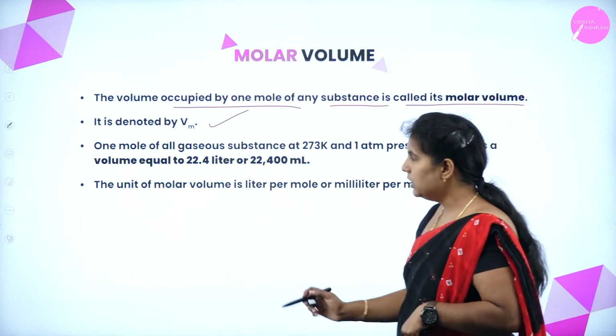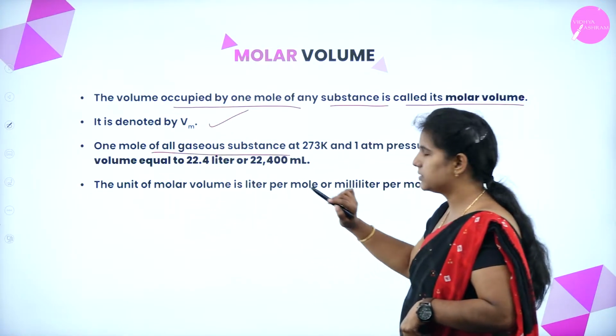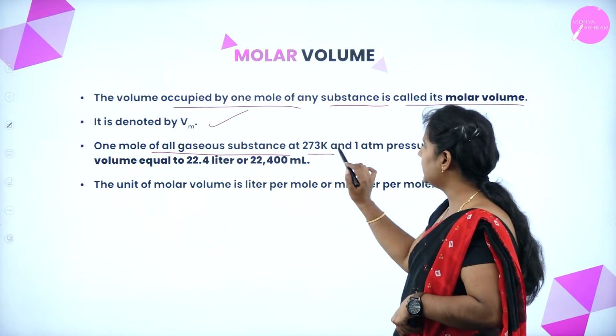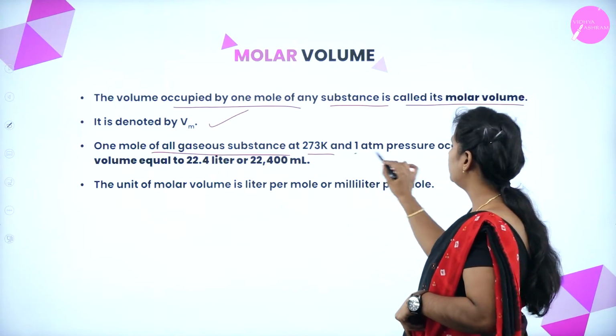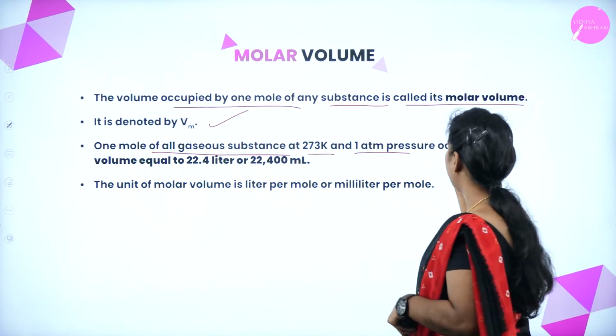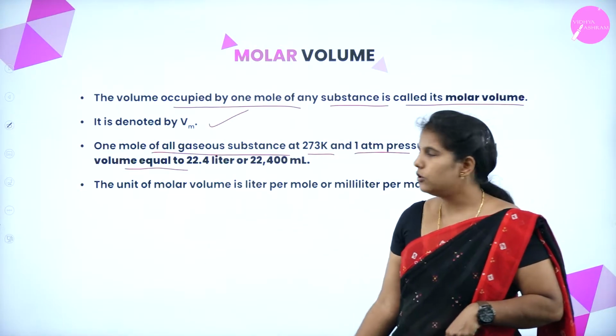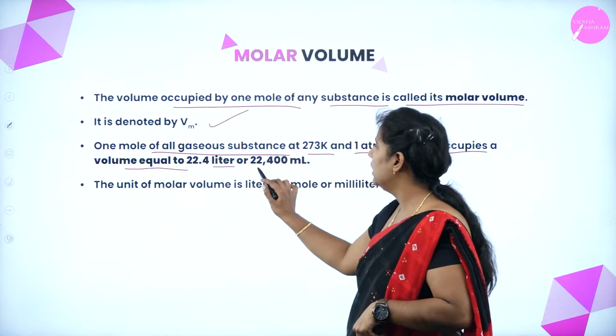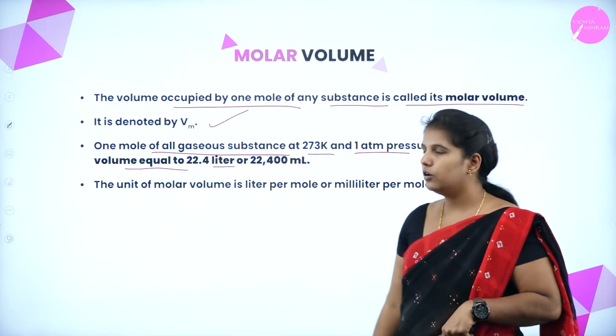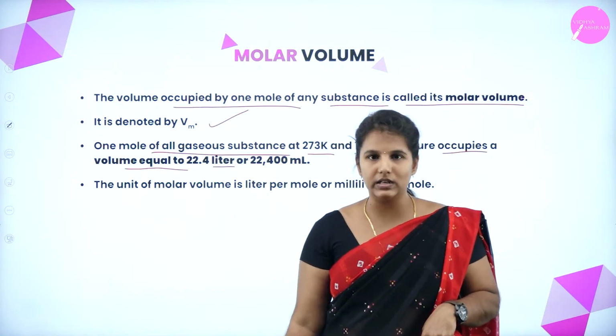So 1 mole of all gaseous substances at 273 Kelvin and 1 atmospheric pressure occupies a volume equal to 22.4 liters or 22,400 milliliters.